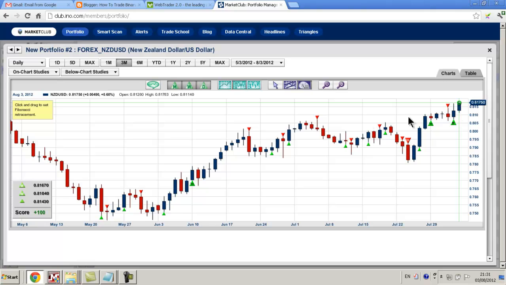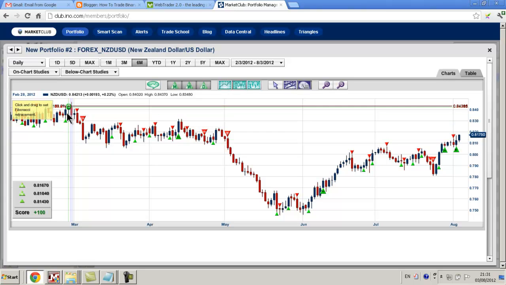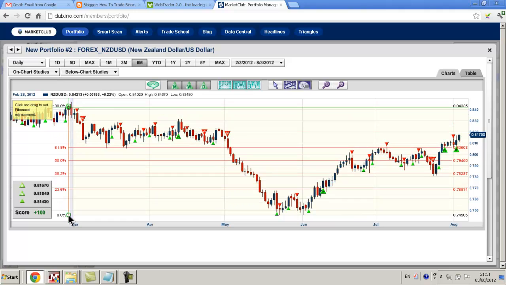Now, I'll just quickly go through that Fibonacci retracement level again. I put it on a 6 month, still on a daily. Just want to grab my Fibonacci here. Click on that. Going to the highest point in the last 6 months and scroll down, and the 0% I want on the very lowest point.